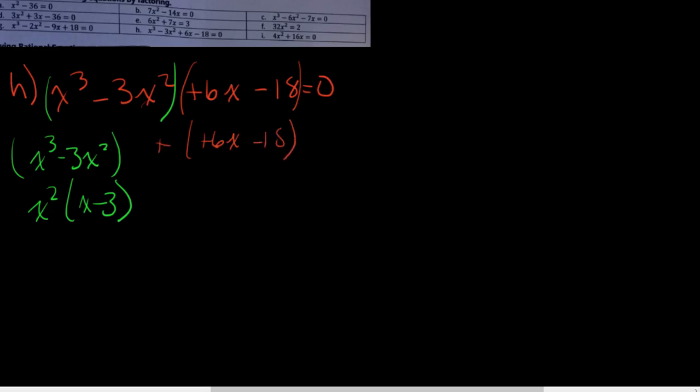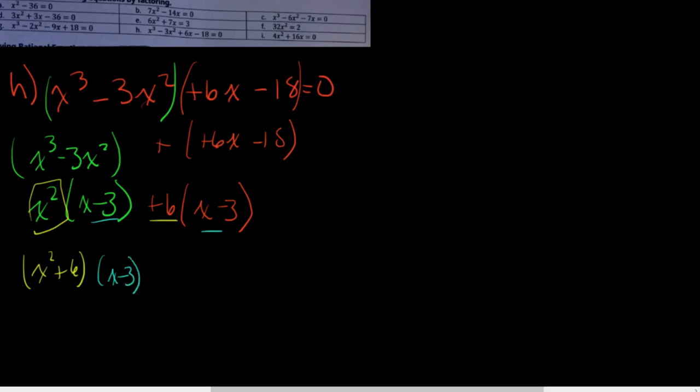And I can pull out a 6, right? So I get positive 6 times x minus 3. Again, they have this x minus 3 in common, so I take this and this, and I can place them together. x squared plus 6 is one factor. And then I take the factor they share, this x minus 3, and make that the other factor.